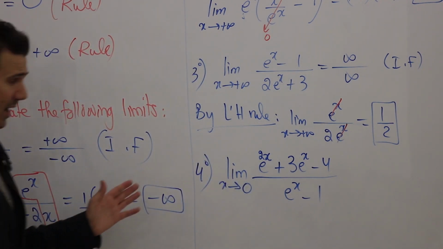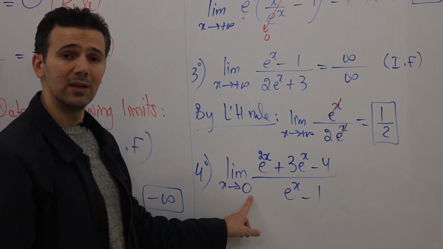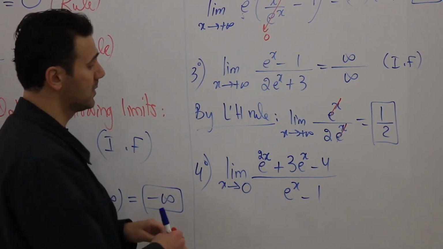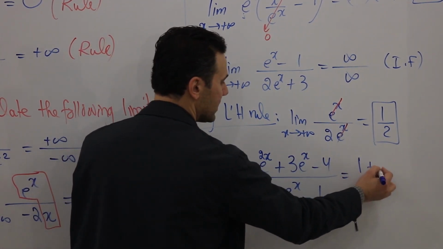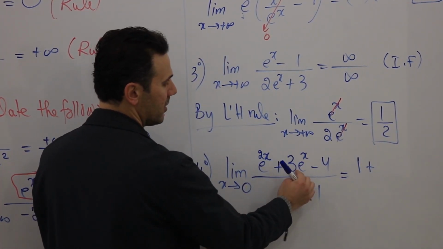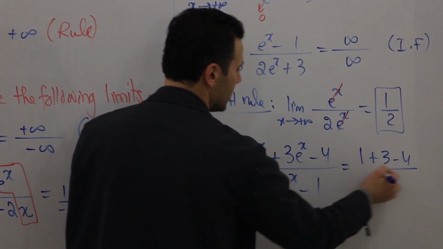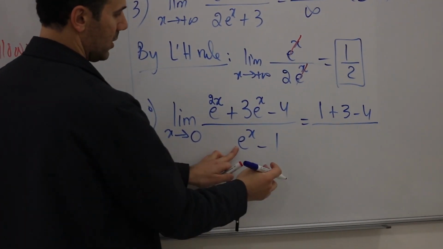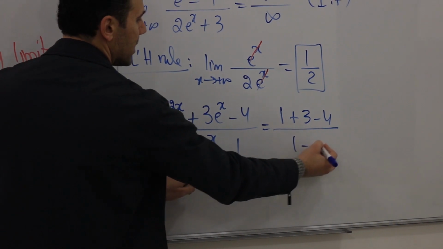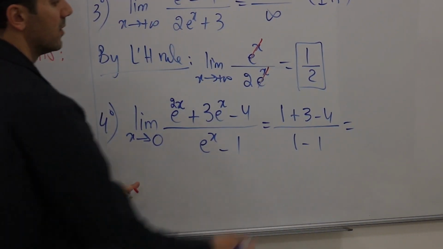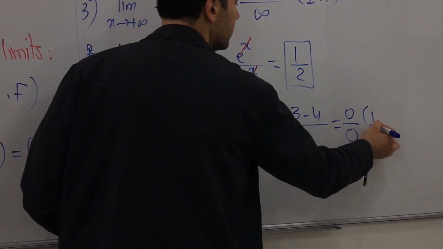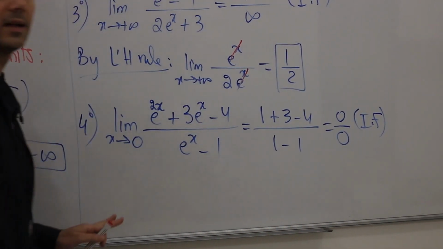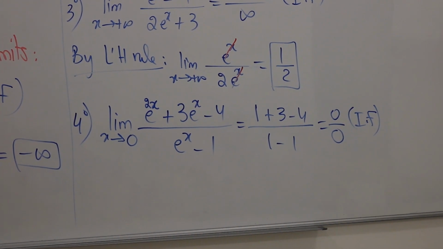In the first step, you can directly, as we did before in the previous examples, substitute: e to 0, as you know, is 1, plus 3e to 0, which is 3, minus 4, over e to 0, which is 1, minus 1. This is the case of 0 over 0, which is again an indeterminate form, and L'Hopital's rule in this case is allowed.